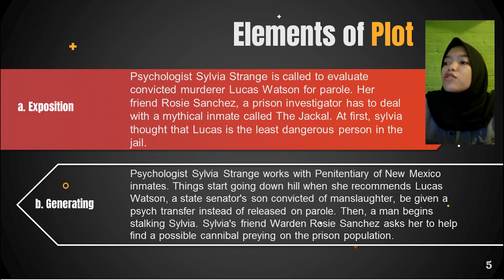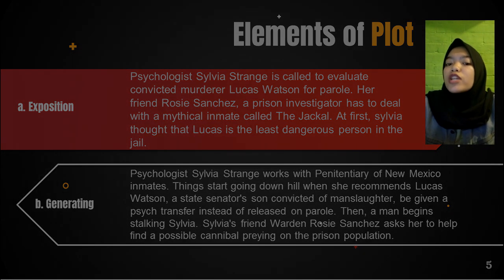Things start going downhill when she recommends Lucas Watson, a state senator's son convicted of manslaughter, be given a psych transfer instead of released on parole. Then a man begins stalking Sylvia. Sylvia's friend, Warden Rosie Sanchez, asks her to help find a possible cannibal preying on the prison population.